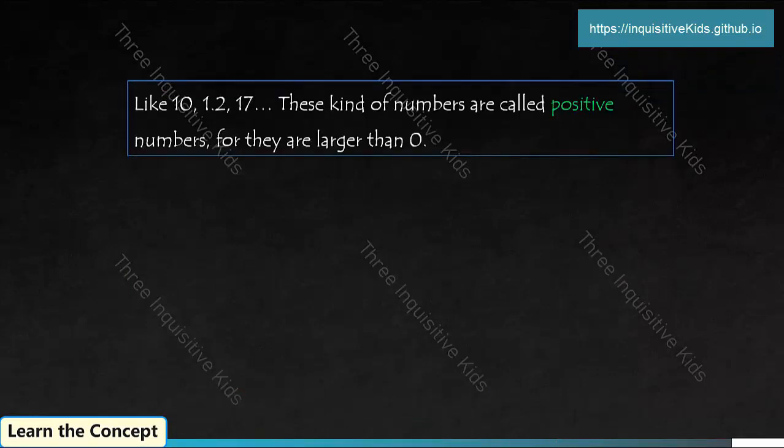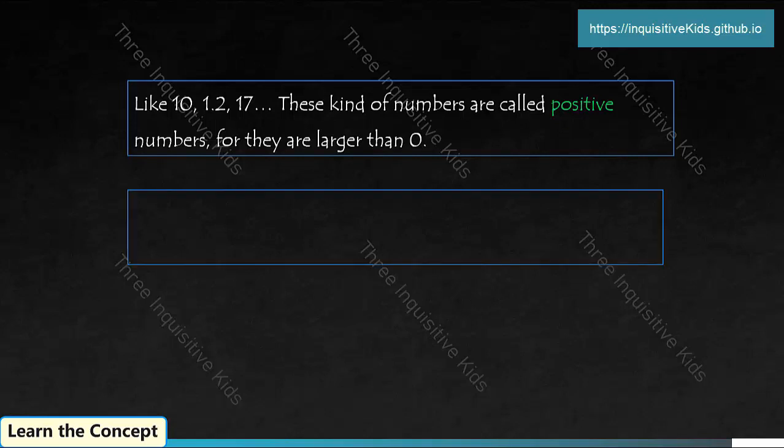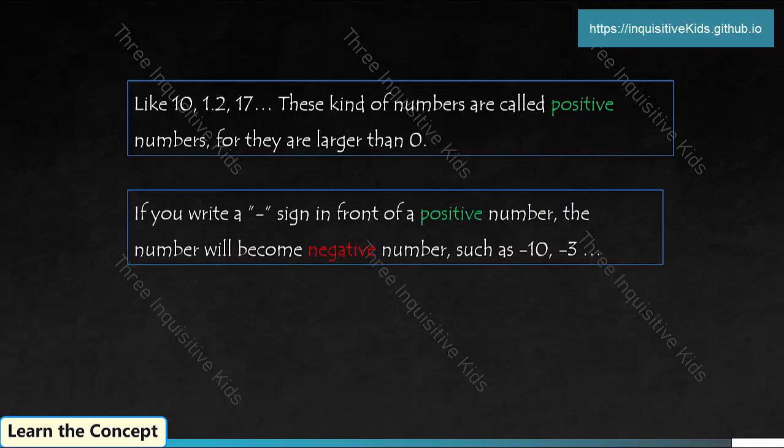Numbers like 10, 1.2, 17, and so on are called positive numbers, for they are larger than 0. If you write a negative sign in front of a positive number, the number will become a negative number, such as negative 10, negative 3, and so on.